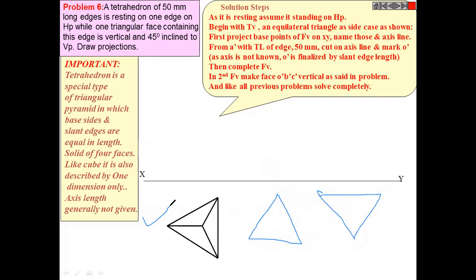To reduce the step. What step do we reduce by doing so? Because it is said later that an edge is carrying a 45-degree triangular face, that triangular face is perpendicular to HP and making an angle. So right now, from initially only, we concentrate on this.